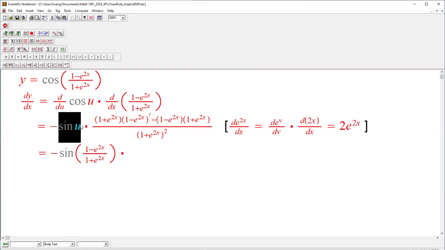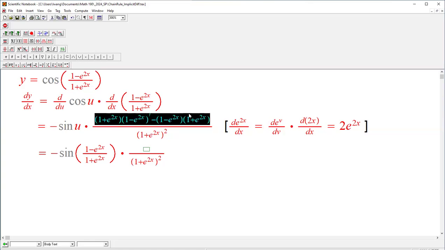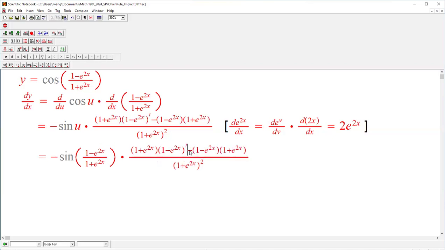So this one has u substituted in place, and next we're going to keep the denominator. On the numerator, I'm going to copy everything over here, and differentiating this part, the derivative of 1 is 0.